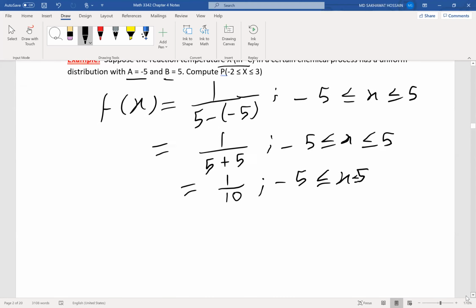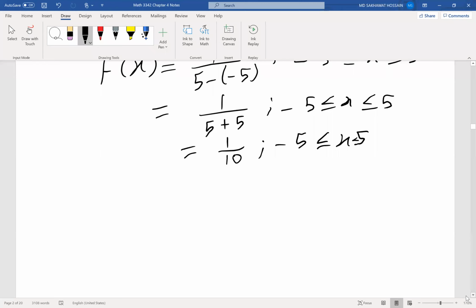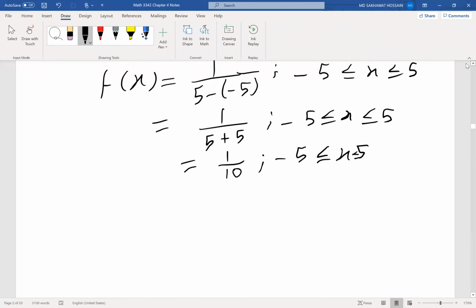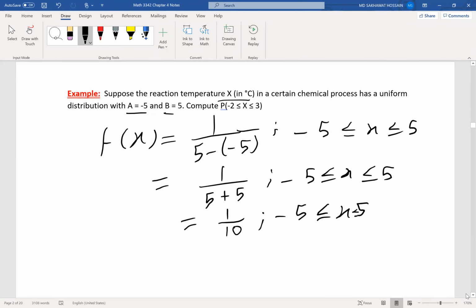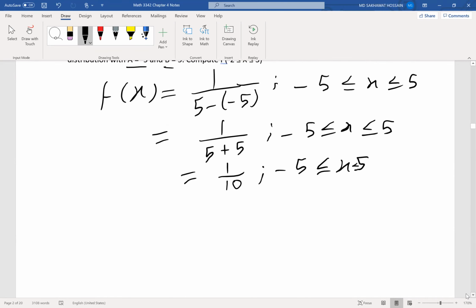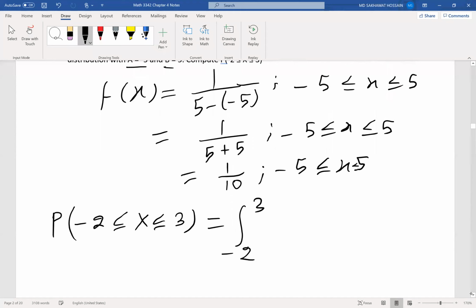So now we know the density function, we have to calculate the probability from -2 to 3. So how can we calculate this probability? So we have to find the probability with lower limit -2 and upper limit 3.